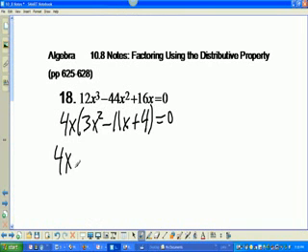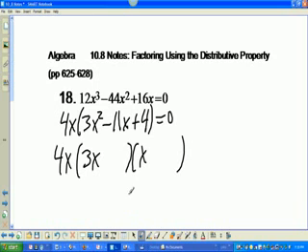Now this one I'm not going to use the Bob Schue method off the hand because there's only 2 numbers that multiply to 3x squared. That's 3x and x. Has to multiply to 4, but both are going to be negative, so let's try negative 2 and negative 2.